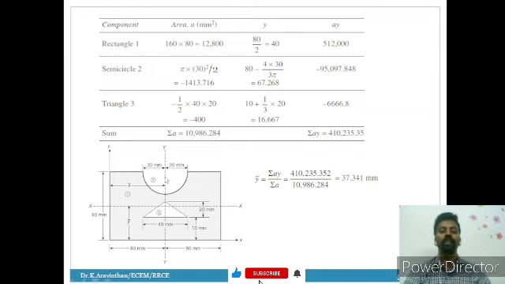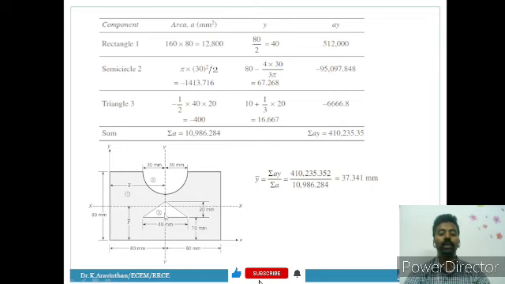If you want the remaining distance from the x plane, you can subtract: 80 minus 4r divided by 3 pi. And the last one is a triangle here, for which, from the base, you have to add 10 mm.